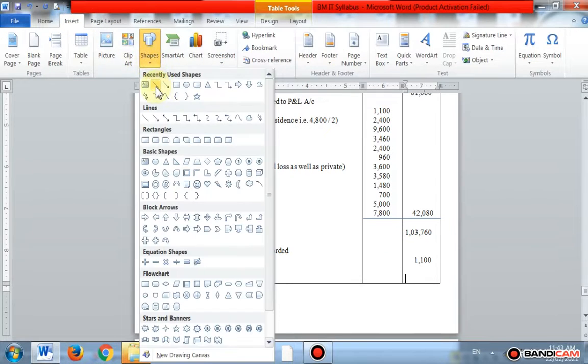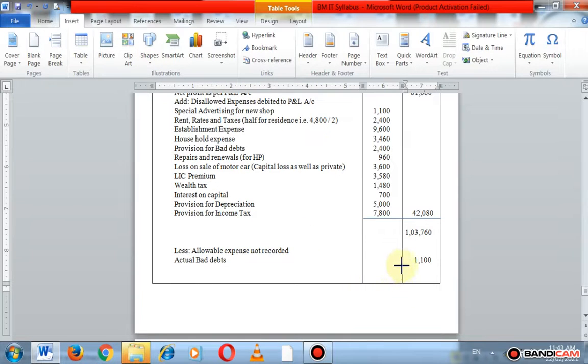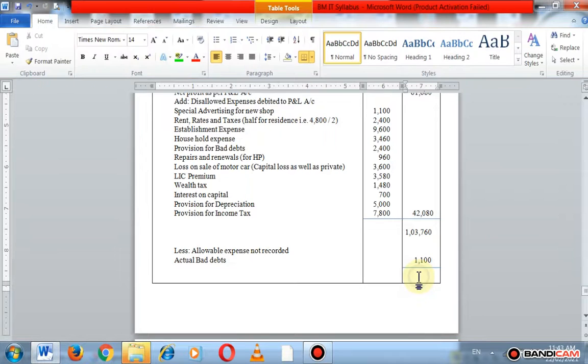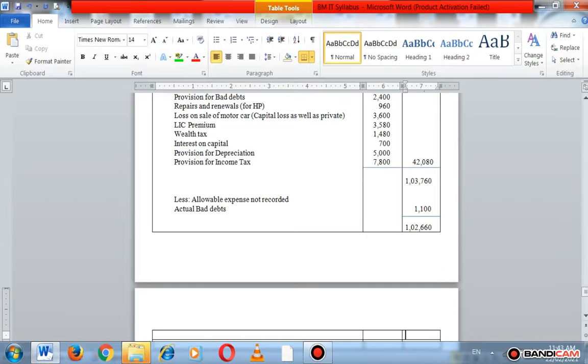So here we deduct allowable expenses from net profit, amounted to rupees 1,02,660. Okay, 1,02,660.